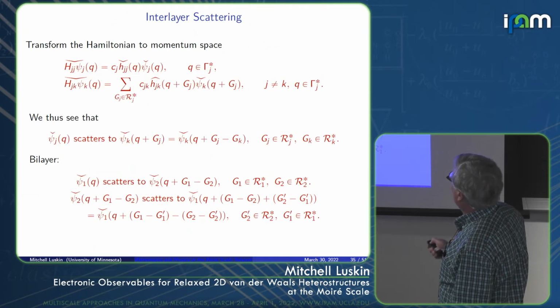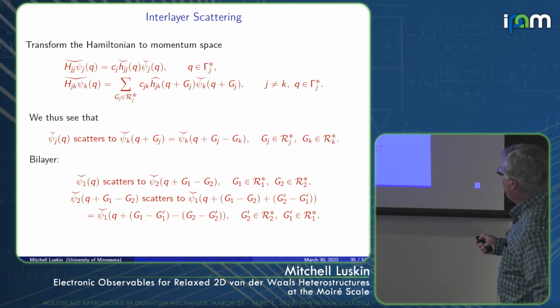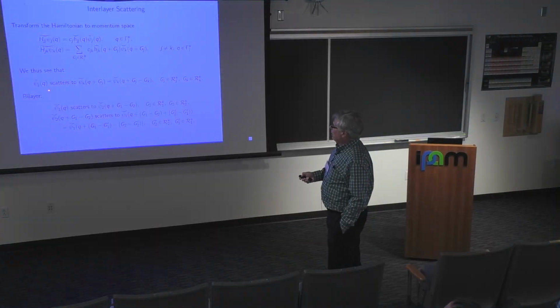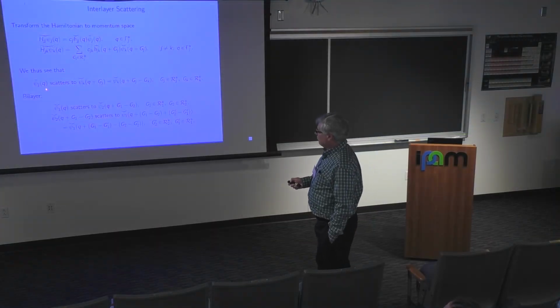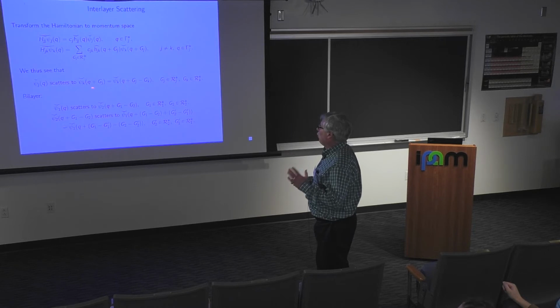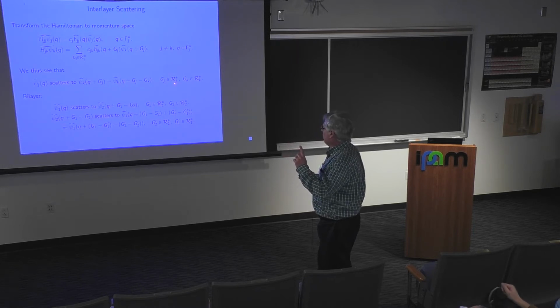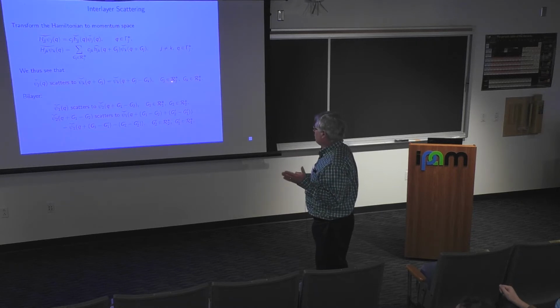Here's our Hamiltonian transformed to momentum space, and it says that the Bloch wave of wave number Q on layer J scatters to layer K. It scatters to Q plus Gj, where Gj is in the reciprocal lattice space of layer J.